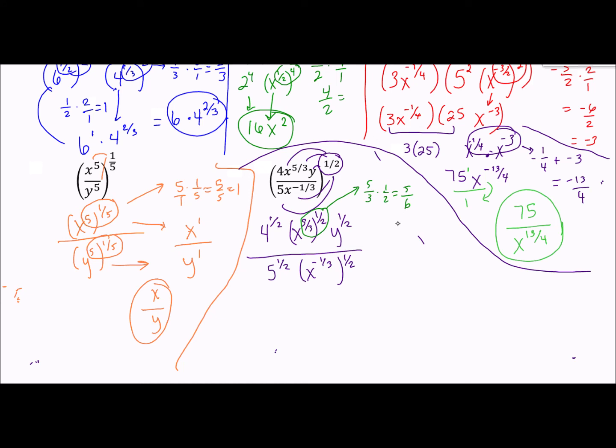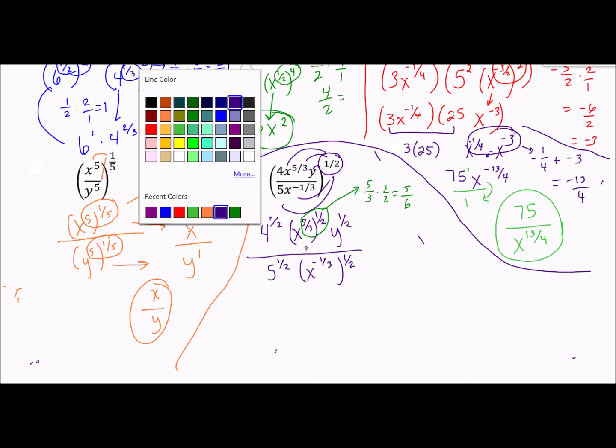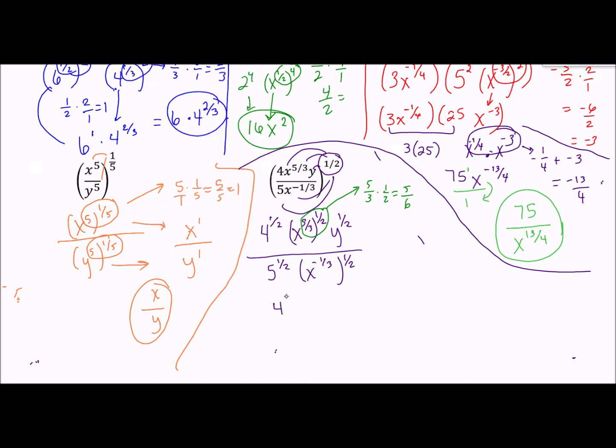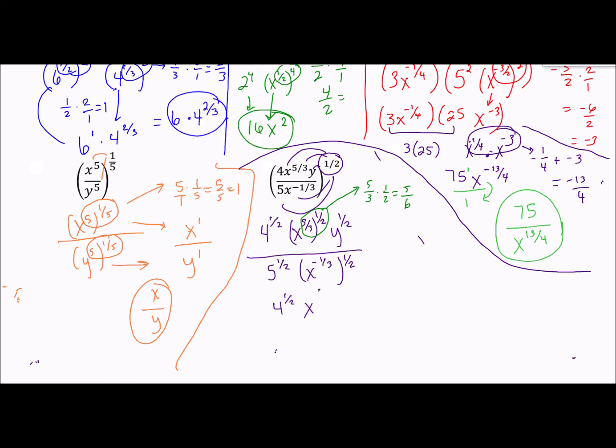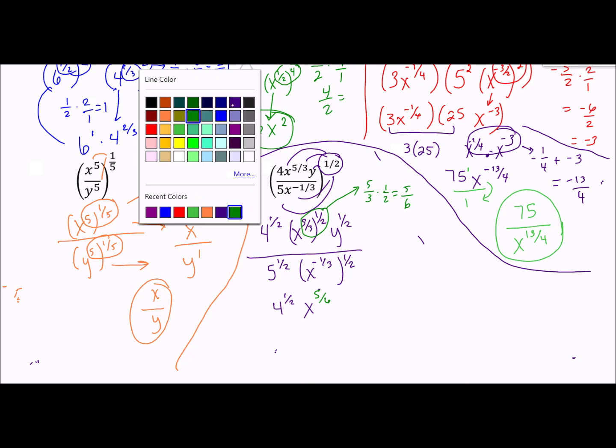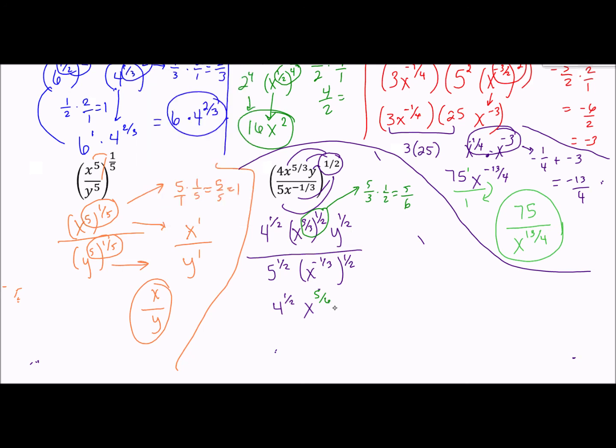So that new power, we've got 4 to the 1/2, x to the 5/6. Whoops, let me put that in green so you can see where it came from. 5/6. Then we've got this y to the 1/2 chilling. There's nothing we can do there.